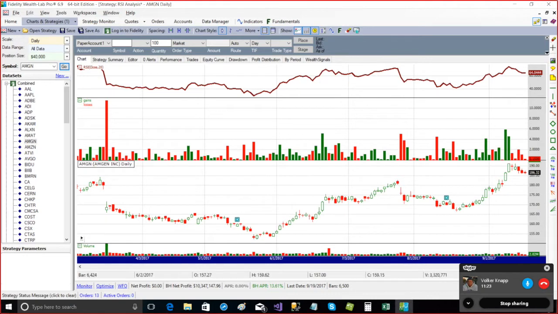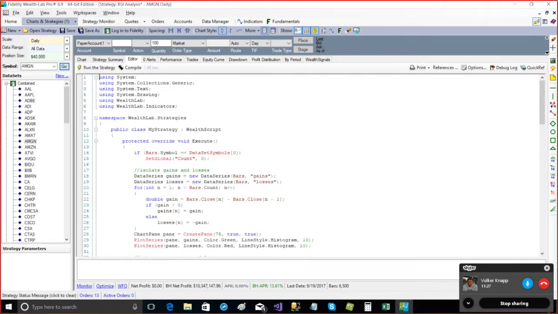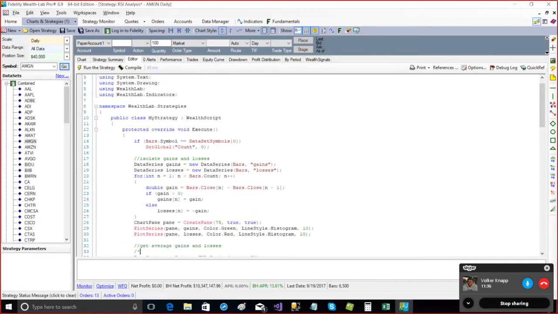Let's deconstruct the RSI. Let's go into our editor and see what I've done here. I've created a couple of new data series. What I want to do is capture the daily gains and losses, because RSI is calculated based on gains and losses.